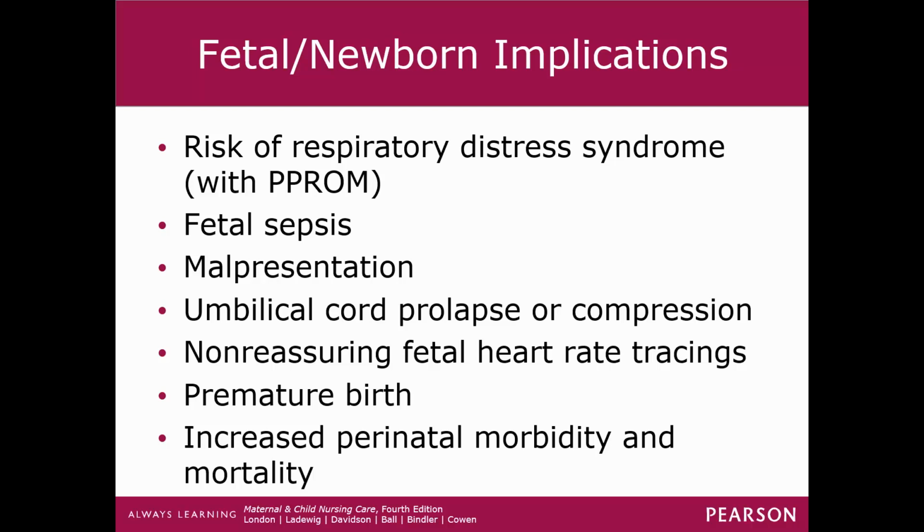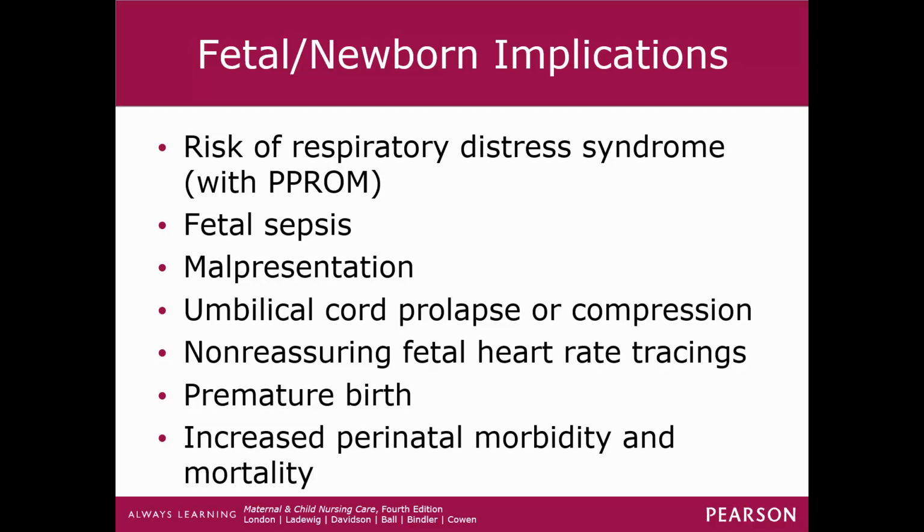If she and the baby are showing no signs of infection and the fetal heart rate tracing is looking normal, we will keep her pregnant as long as we can. But if she does have a PPROM, a preterm premature rupture of membranes, I'm sorry, I got it backwards, then the baby is at risk for developing these things.